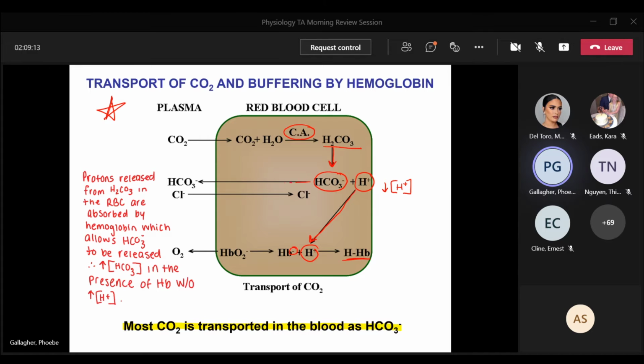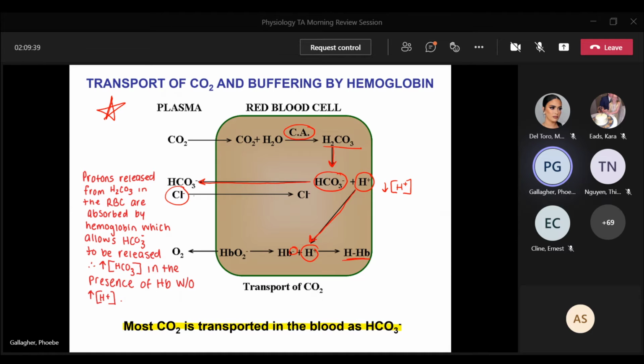So that's essentially like making more bicarb, because when we think of bicarb, we have to take into consideration the fact that for each negative charge, you need to cancel it out with a positive charge. But if we're taking this positive charge and removing it by binding it to hemoglobin, you are essentially making more bicarbonate since we're removing the positive charge. So there is an increase in this negative charge here.